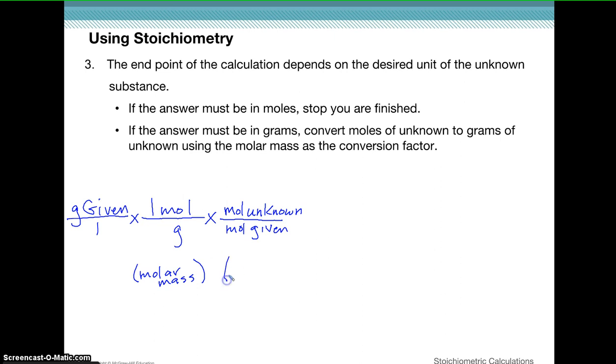So this step right here, this is the mole ratio, and that comes from the balanced equation. Okay. Then the last thing we would need to do would be go back to grams using our molar mass. So again, grams per mole. And this is the molar mass of the thing we're trying to find.